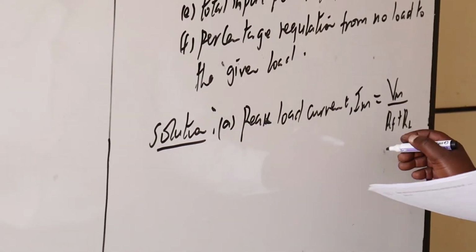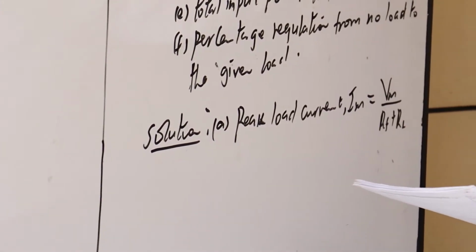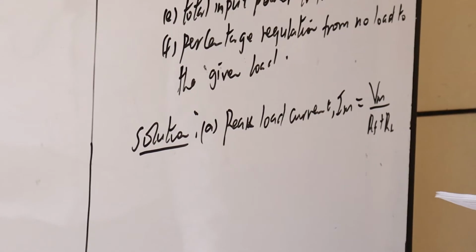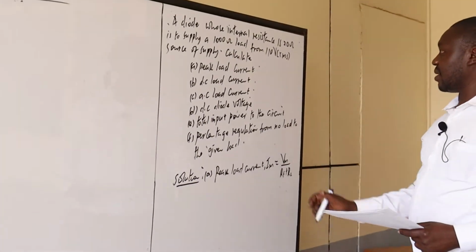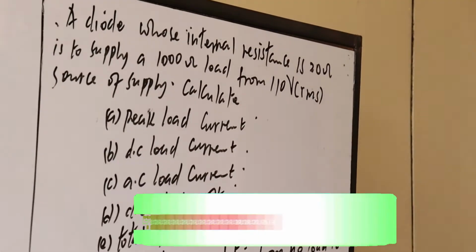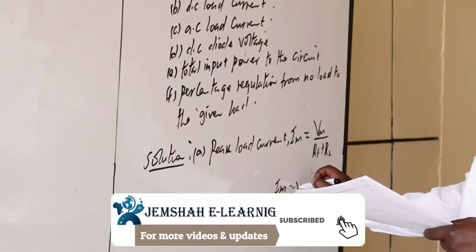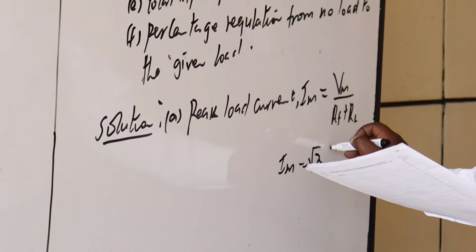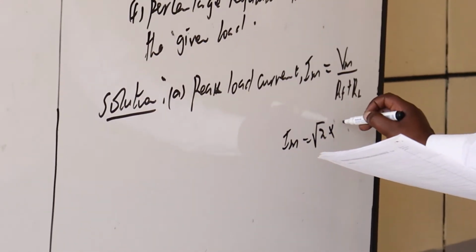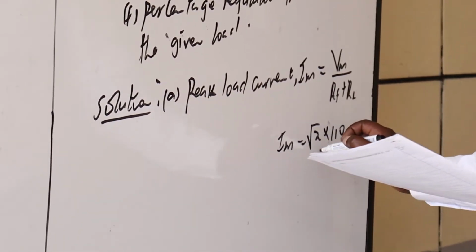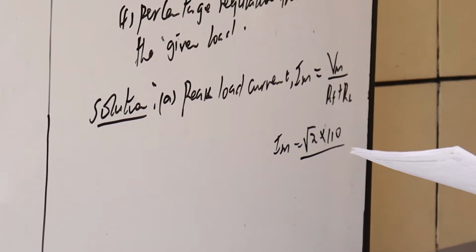So how do we get the Vm? Because we have the Vrms, Vm is normally root 2 times VRMS. So our IM will be root 2 times the VRMS, which is 110, divided by total resistance.